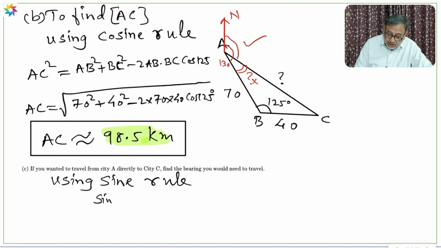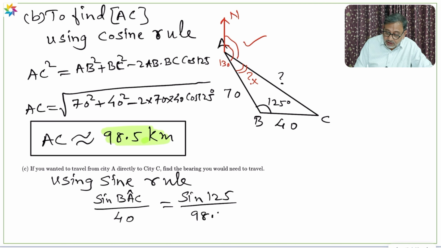Sine of BAC upon 40 is equal to sine of 125 upon 98.5, because we already found 98.5. So I have one complete pair and one incomplete pair. See, one complete pair I have and one incomplete pair I have to find.